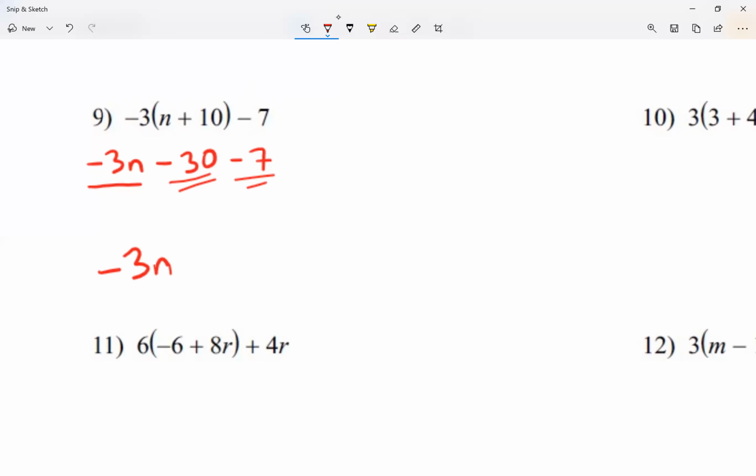Signs are the same. They're both negative. So when the signs are the same, I'm just going to add my numbers and keep the sign. So I'm going to call this -37. So my answer should be -3n -37. At the end, I cannot combine those two because one term has a letter, and the other one does not.